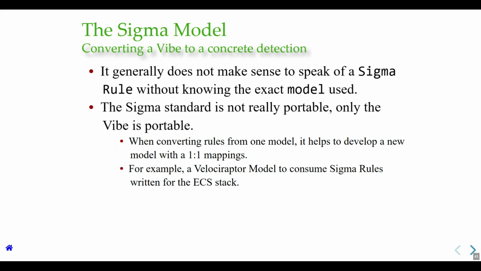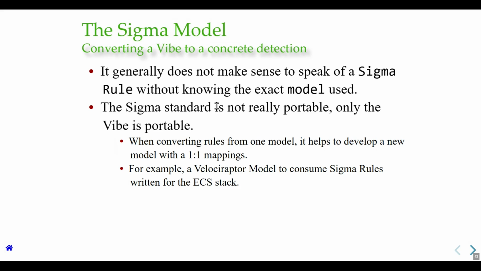So we actually just use the Sigma compiler model as the way of specifying a particular flavor of Sigma rules. It's a very wishy-washy, vibey type, just conveying the vibe. And that's why it's not really portable between systems. Only the vibe itself is portable, but the model, the standard, is not really portable.